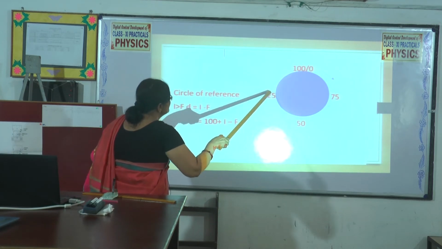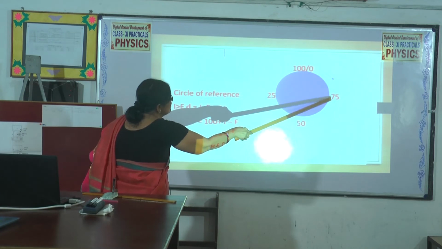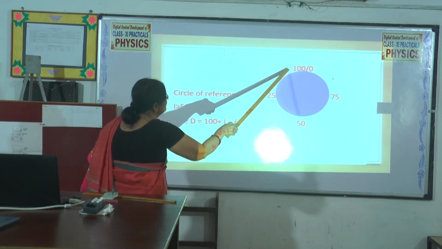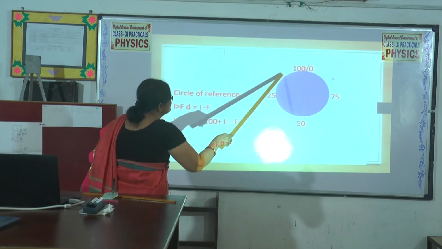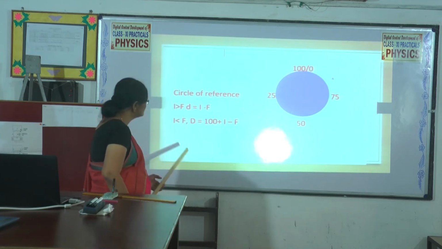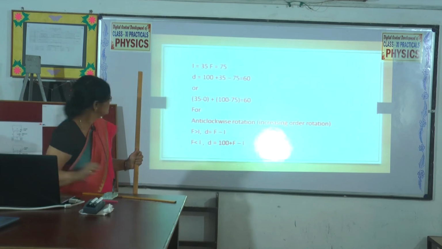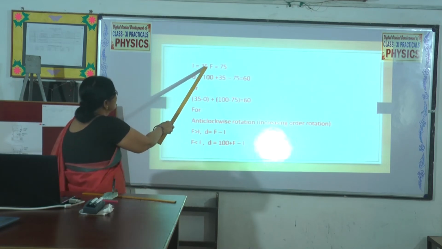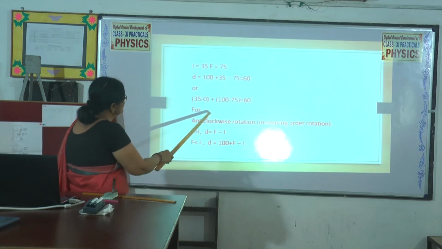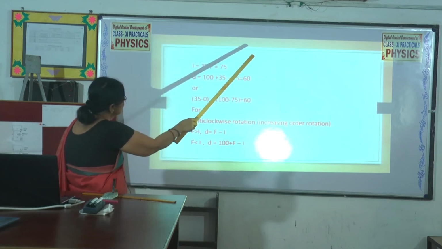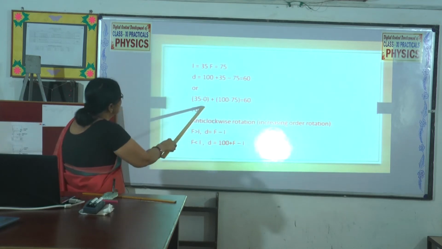So what will be this? Initial is 35, final is 75. How much has it moved? From 35 to 0, it goes 35 divisions. From 100 to 75 is 25 divisions. 35 plus 25, 60 divisions. And what is the formula for this? See this? I is 35, final is 75. 100 plus 35 minus 75, 60. I showed you in the diagram, from 35 it goes to 0 and from 100 it goes to 75, again it is 60.